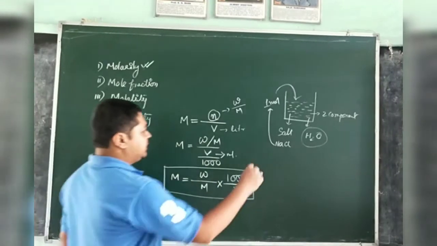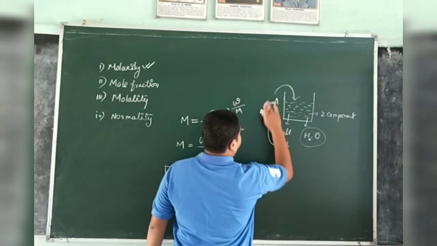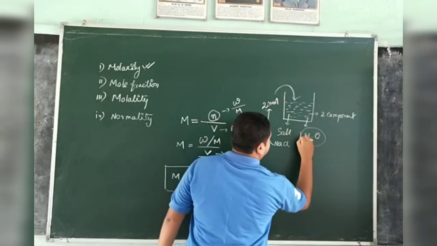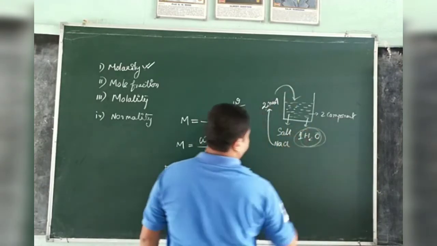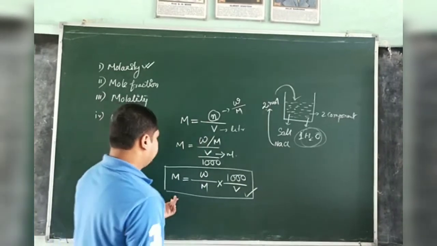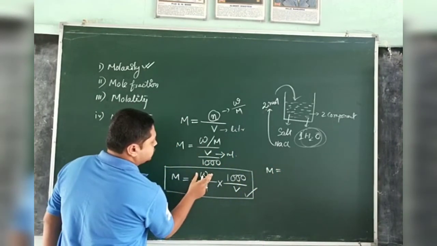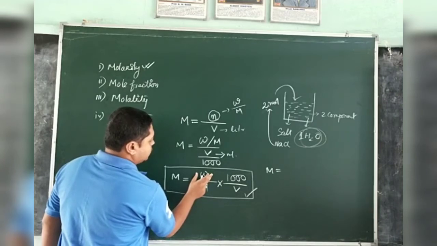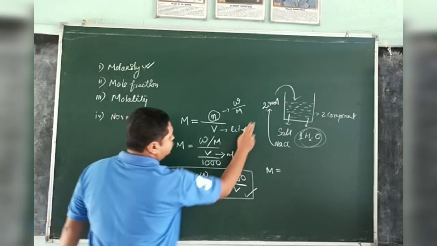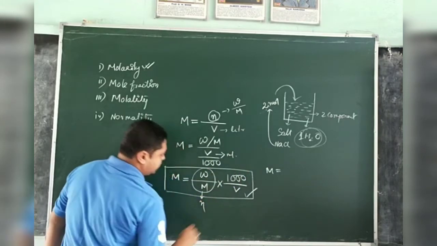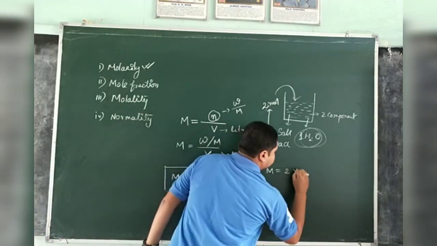So see this one, when 2 mole of NaCl is added to 1 liter of water, then what will be the molarity? So put the formula. W by M means what? Number of moles, 2 mole. Yes or no?